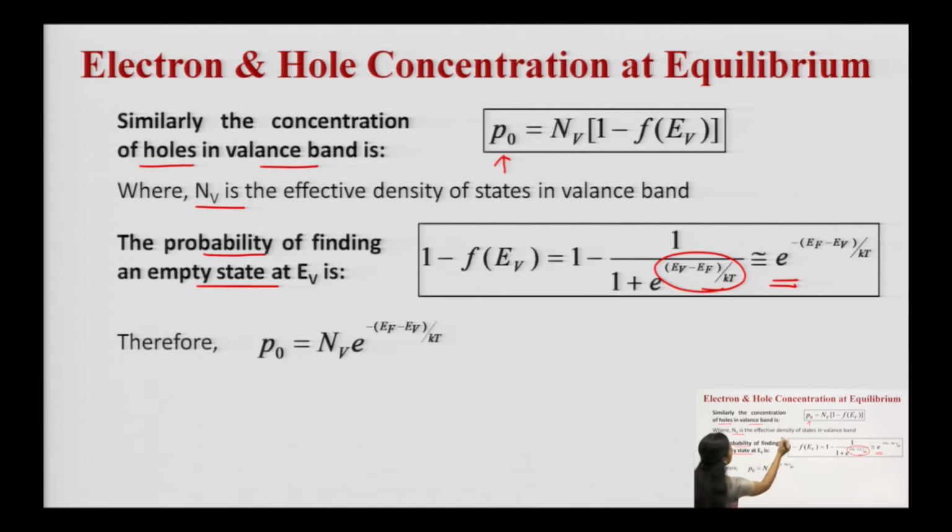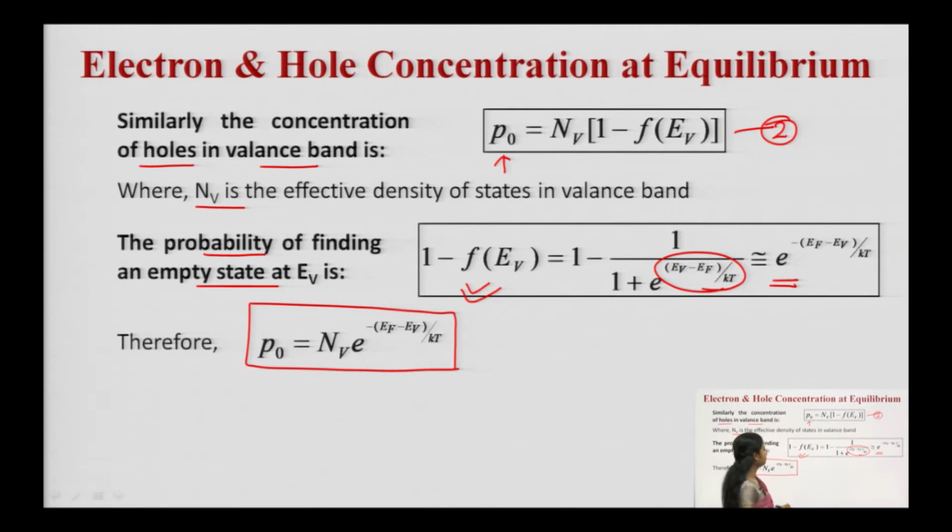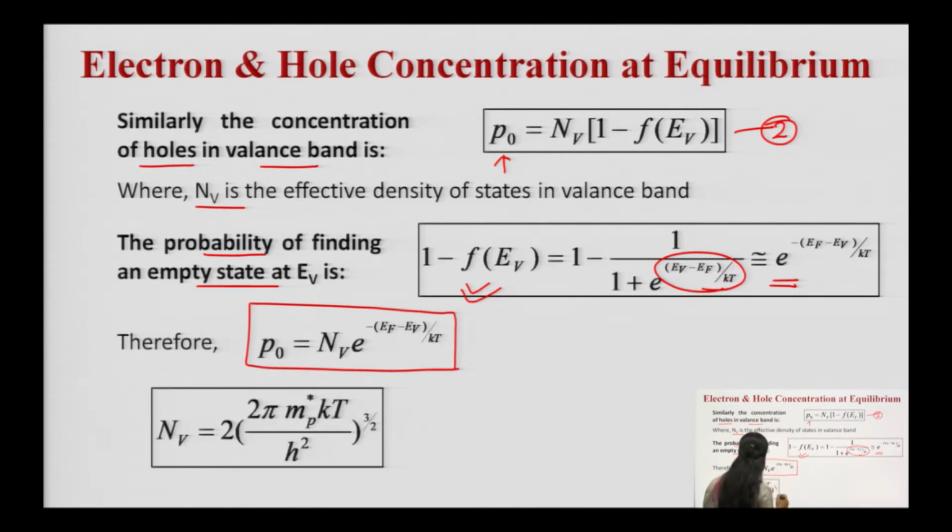It means P naught is NV times 1 minus F of EV. So, in this equation number 2, you have substituted this value. Now, P naught is N of V e raised to the power minus (EF minus EV) upon KT, and all of these coefficients you know. Now, how to write NV, which is the effective density of states in the valence band?